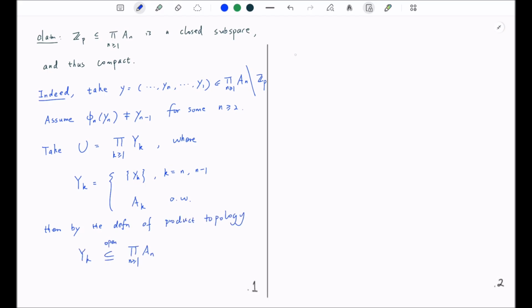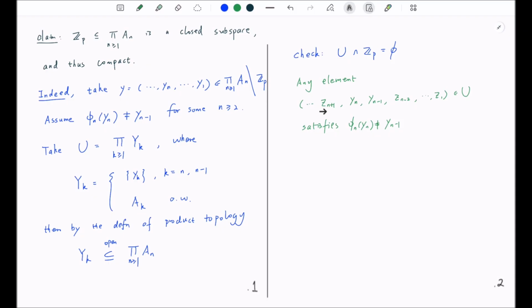Now let us check that U, defined from above, has empty intersection with Z_p. This is very easy to verify because any element in U must take this form, but phi sub n of y_n is not equal to y_{n-1} by our assumption.